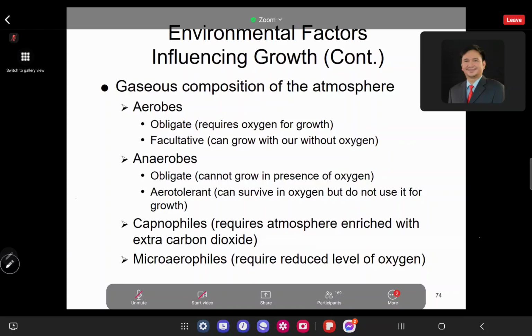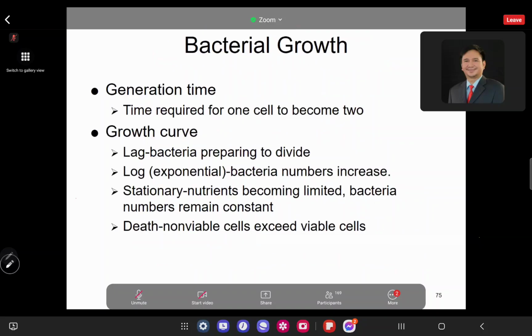And then your capnophilic require an atmosphere enriched with extra carbon dioxide. And then your microaerophiles thrive in environments with reduced levels of oxygen, especially if you are living in highlands, high places where oxygen is depleted or diminished.